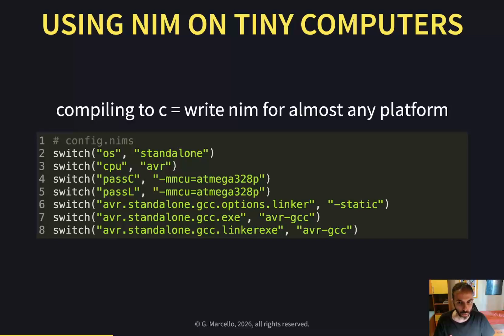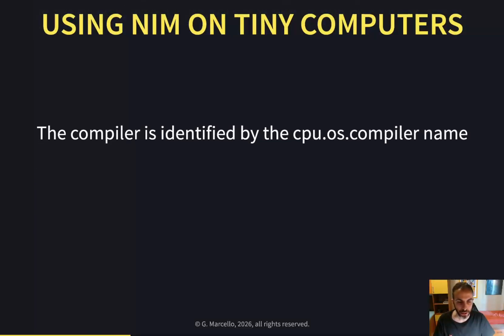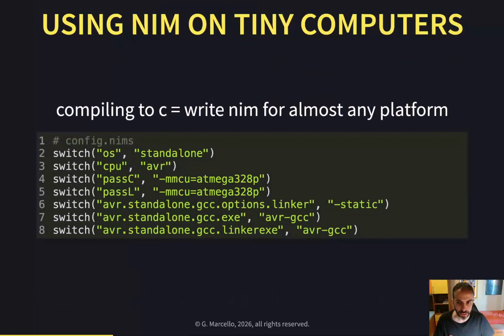So how do you know how to actually specify this? Well, the compiler gets identified by this triplet here, cpu.os.compiler name. So if we go back one slide, you will see that in this case, you're using AVR as the CPU, standalone as the OS. So you will have to write something like avr.standalone.gcc.